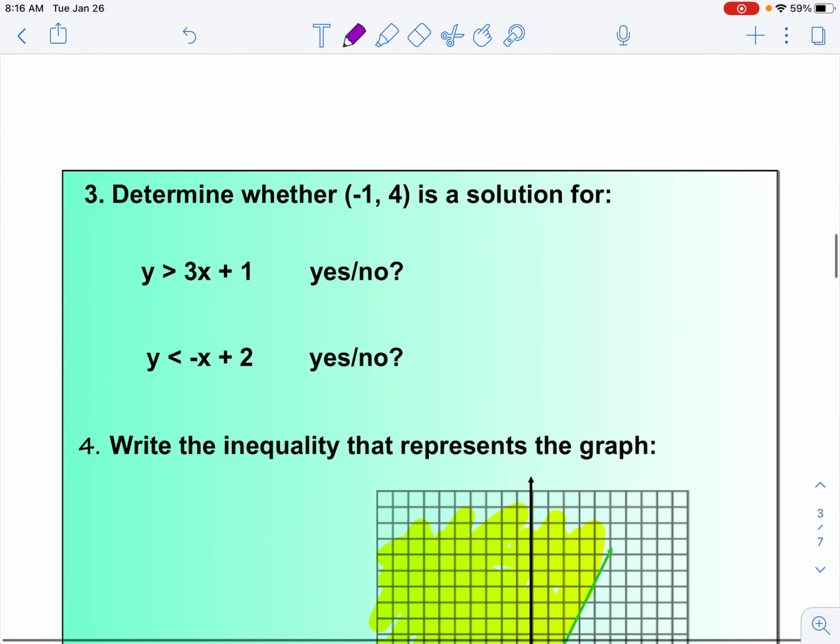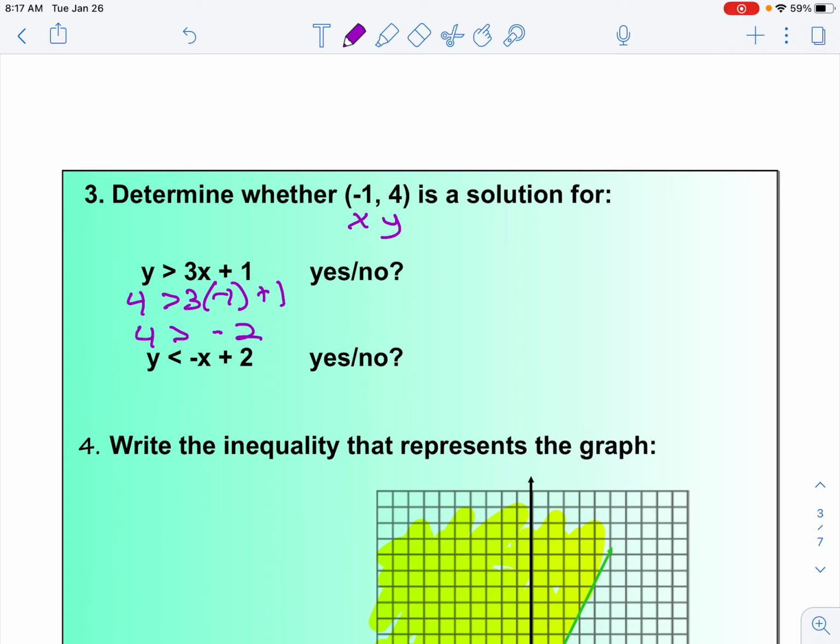All right, the second 2 questions, number 3, we just covered in that last example. Whenever you're checking to see if an ordered pair is a solution, you plug in the x value for x, the y value for y, and you see if it's true. Is 4 greater than -3 plus 1 would be -2, and yes, it is, so it is a solution.